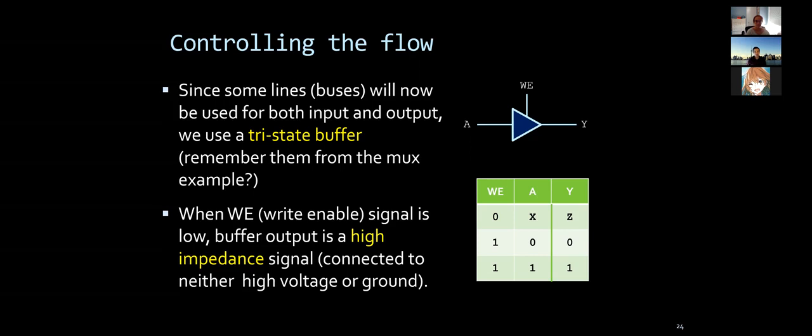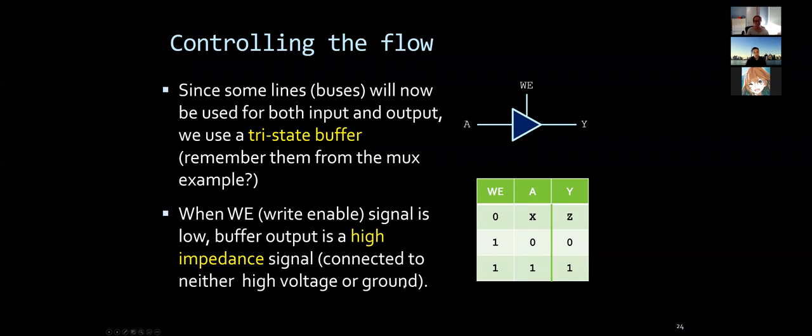Okay, so coming back to the lecture. We use both input and output, since we want to essentially do both. So we use a tri-state buffer, something we learned before and used in several lectures. When the write enable signal is low, the buffer output has a high impedance signal, and it's connected to neither high voltage nor the ground.